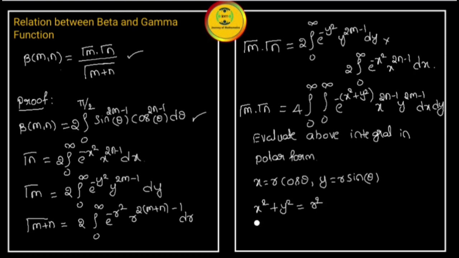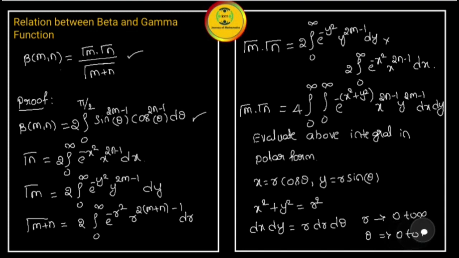Also dx dy can be replaced as r into dr into d theta, where r ranges from 0 to infinity. In the same way, theta ranges from 0 to pi by 2.